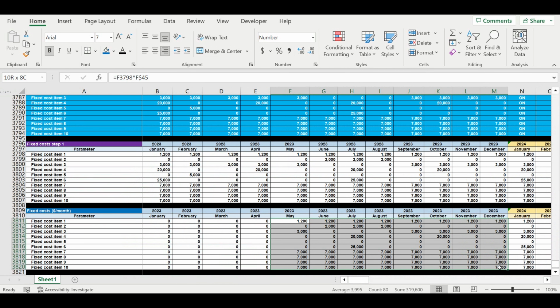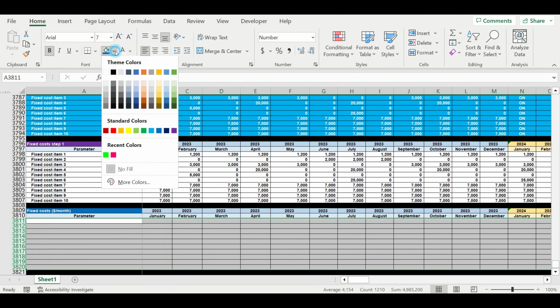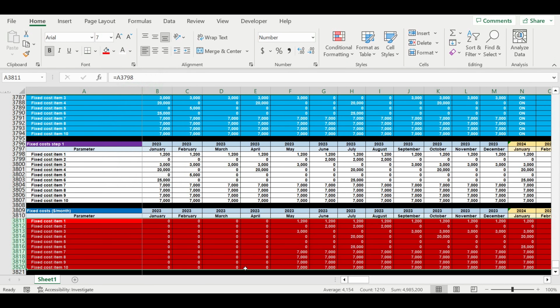So we're coloring these expenses with red because they will go to the cash flow statement later. So now we're done with fixed costs.